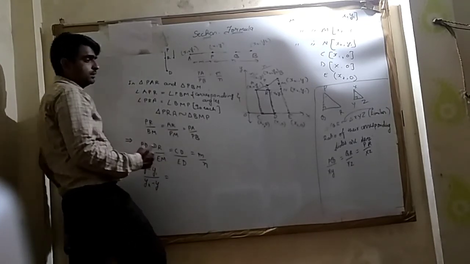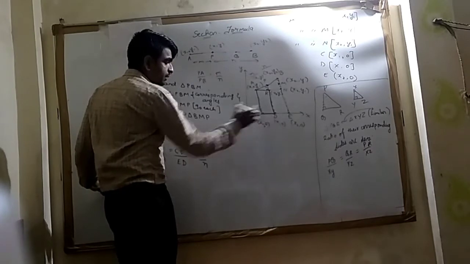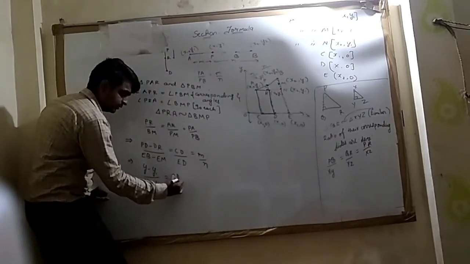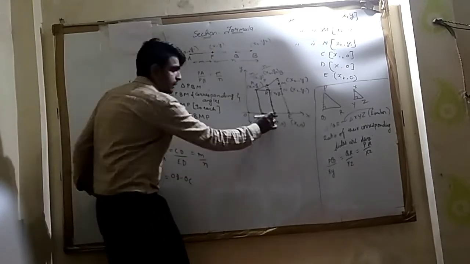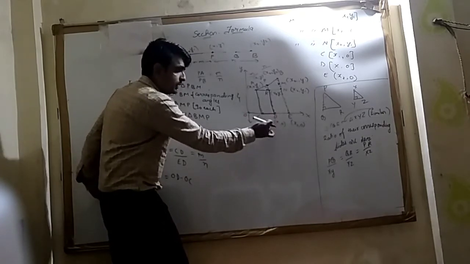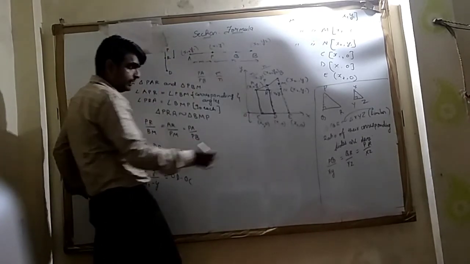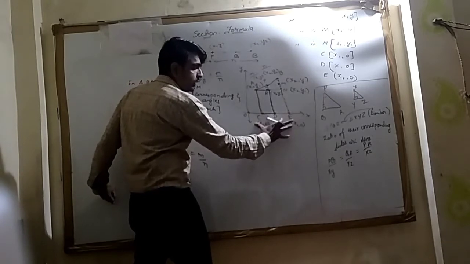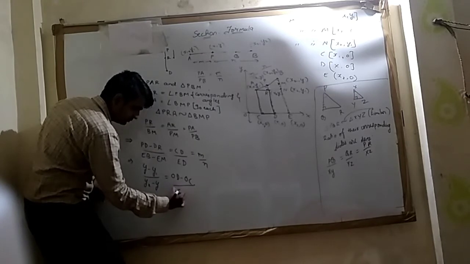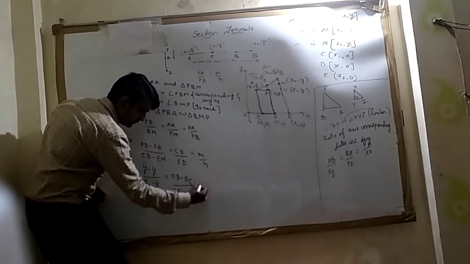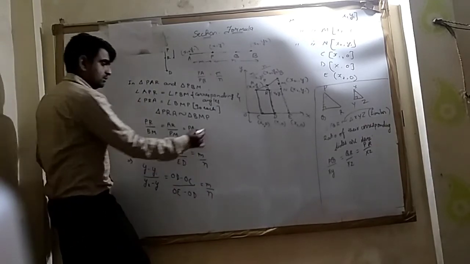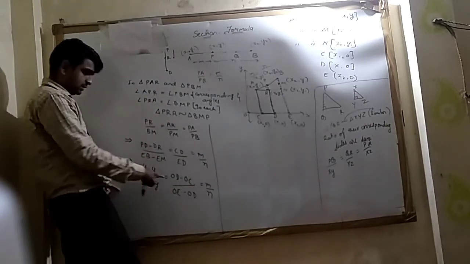Now see CD. CD can be written as OD minus OC. Similarly, for ED, I can write OE minus OD. And this is equal to M by N. Now proceeding further.